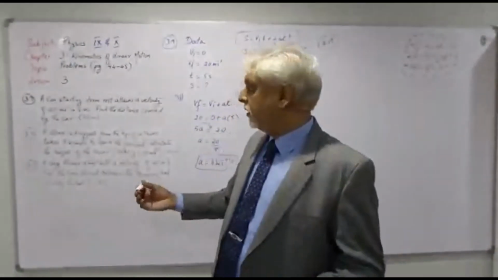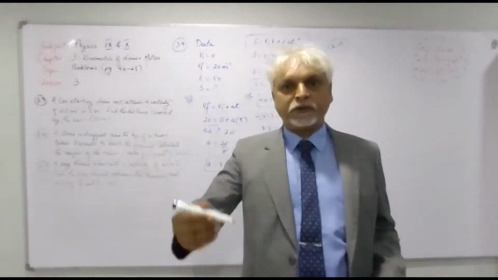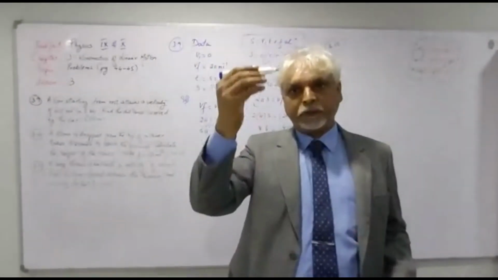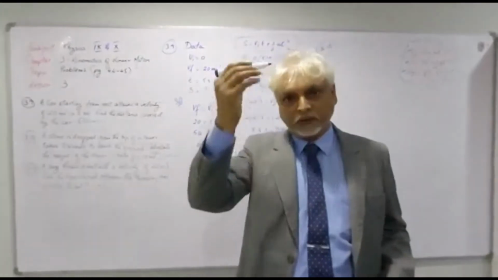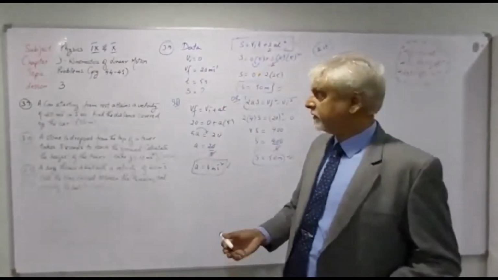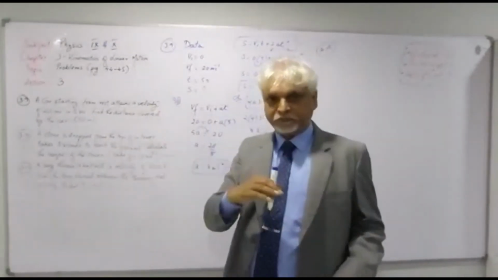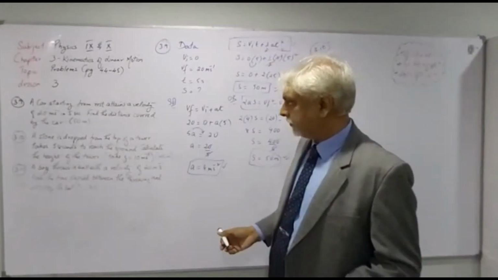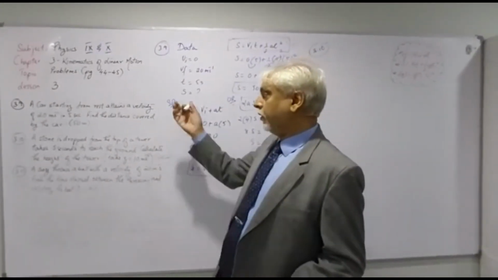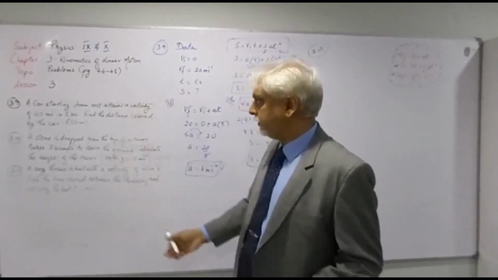But from question number 3.10 onwards, there are questions on linear motion moving top to down, or north to south, up and down, vertically. When you throw a body up vertically, or it is falling down, that is vertical motion, while east to west or west to east is horizontal.